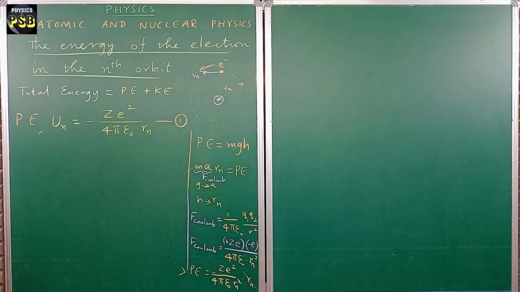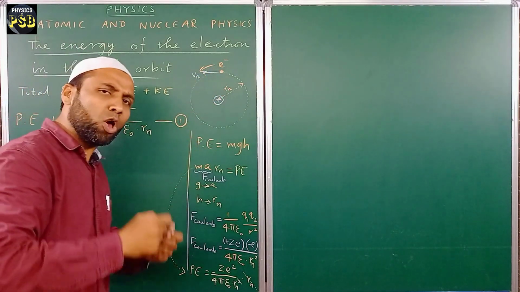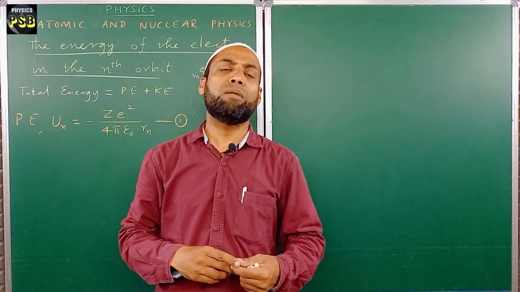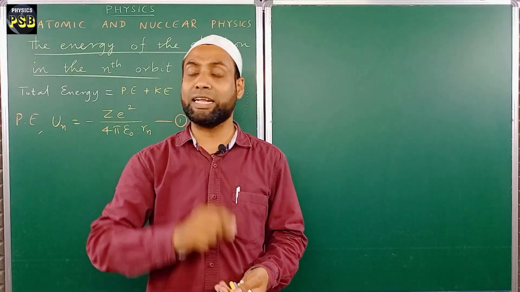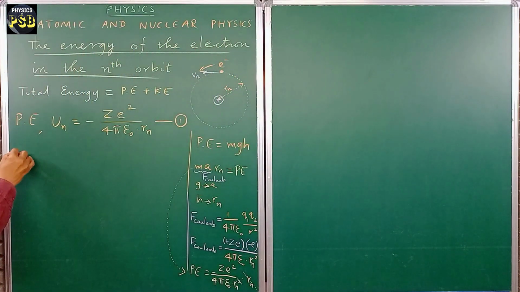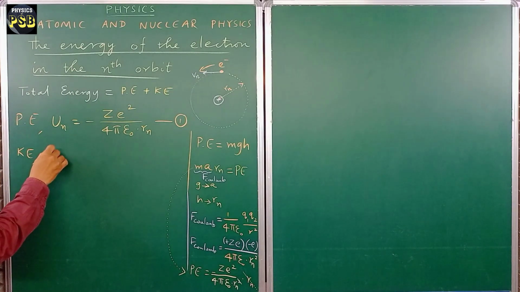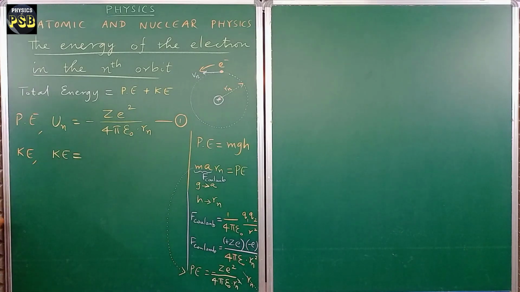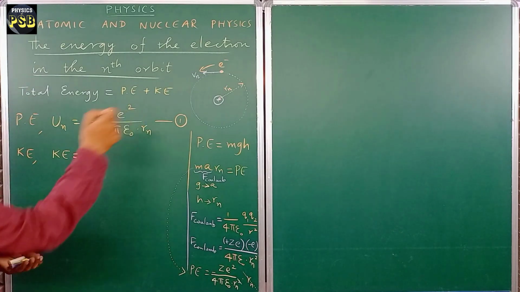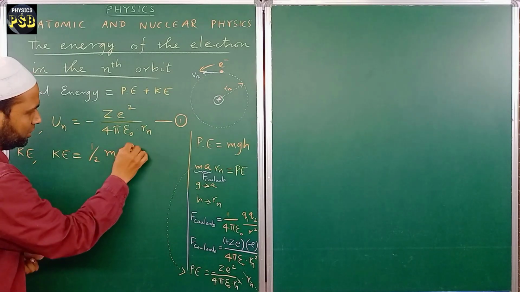Now I'll get the expression for kinetic energy. Here electrons are in motion. So any object which is in motion possesses some energy. We call that energy kinetic energy. The kinetic energy possessed by the electron is given by this equation, half m vn square.